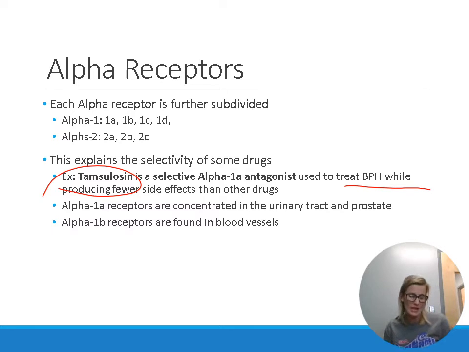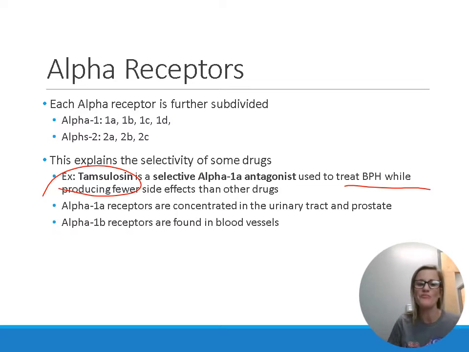regular alpha-1 antagonist. Remember, alpha-1 causes smooth muscle contraction, so blocking alpha-1 would allow for smooth muscle relaxation. In the urinary tract, that's helpful for BPH because it allows for the easier release of urine.